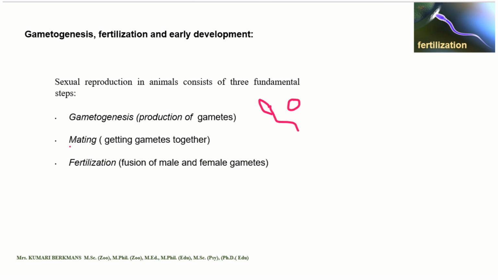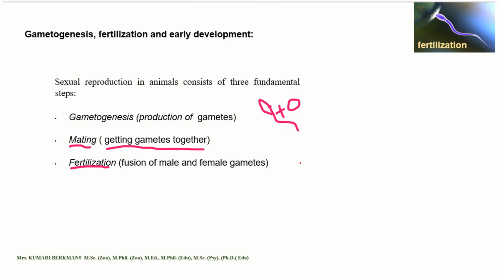Second one is mating. What is mating? Getting gametes together. That is, the sperm as well as the ovum are getting together. So that is called mating. And what is fertilization? Fertilization is fusion of male as well as female gametes.